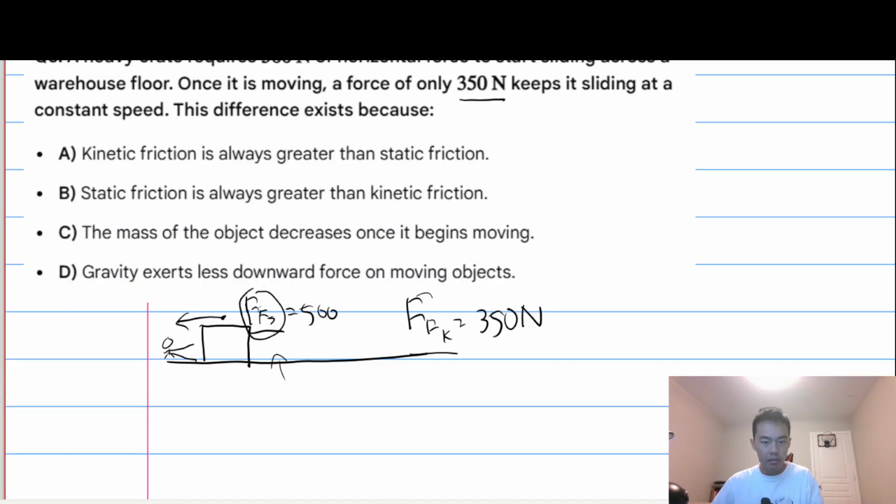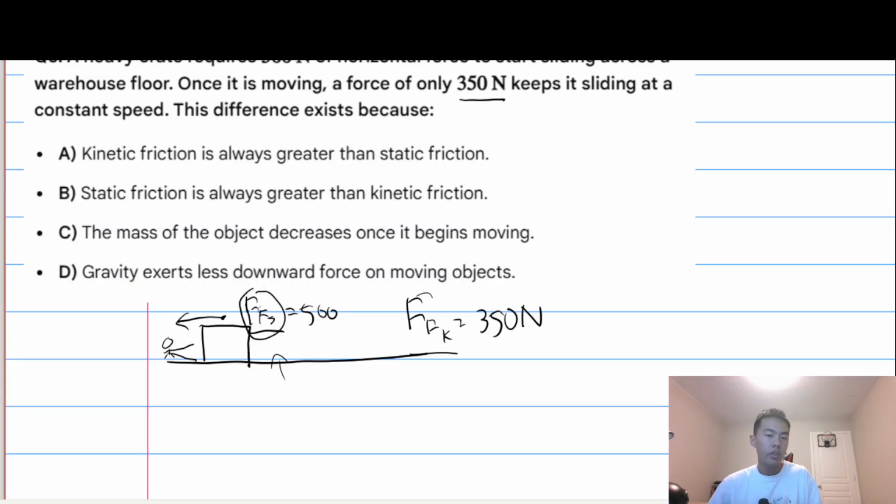When this is a maximum? Because static frictional force, it's more like it changes, because if I apply 100 newtons to this box, then there would be also 100 newtons of frictional force pushing back.